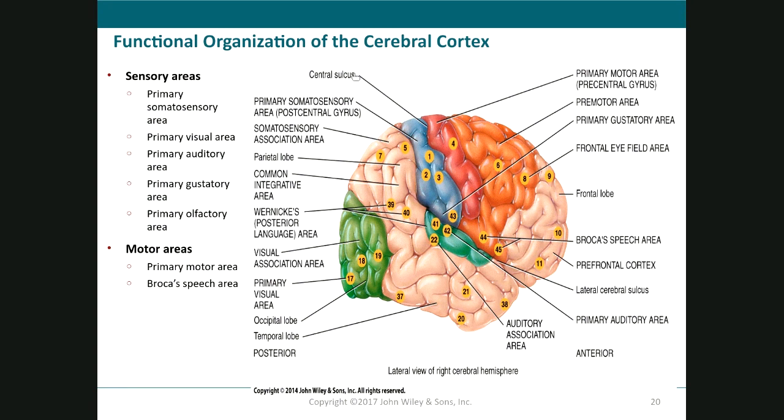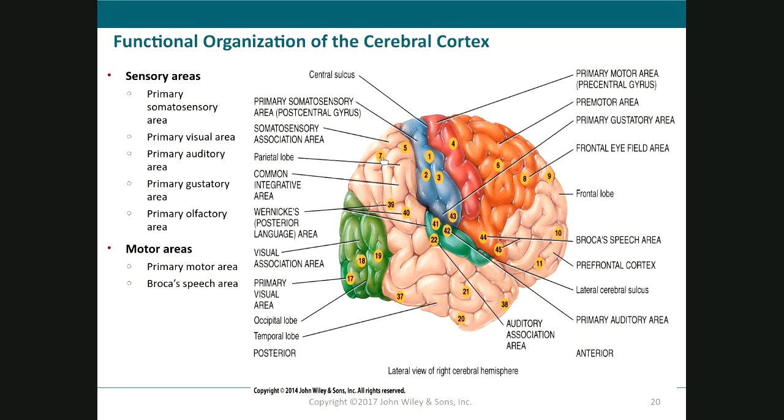The thing we have to know is that the precentral gyrus is called the primary motor area, and this is all part of the frontal lobe. The postcentral gyrus is called the primary somatosensory area. All of this in here is called the parietal lobe.